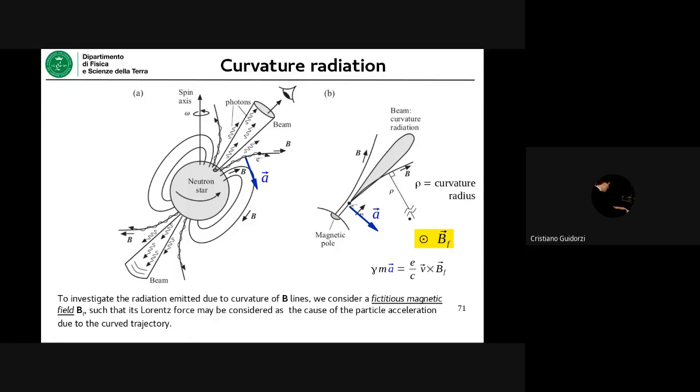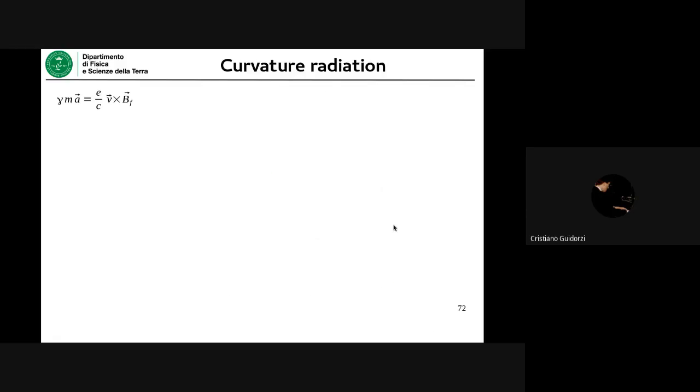Now, the fictitious magnetic field has to be such that the resulting Lorentz force is exactly this term here. So the orbital angular velocity is exactly what we called, in the case of the synchrotron, the gyration frequency.